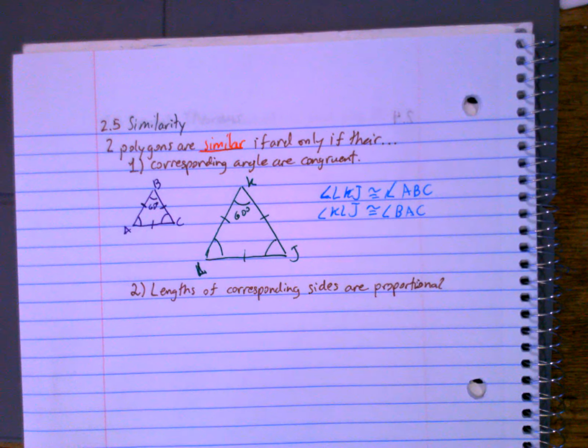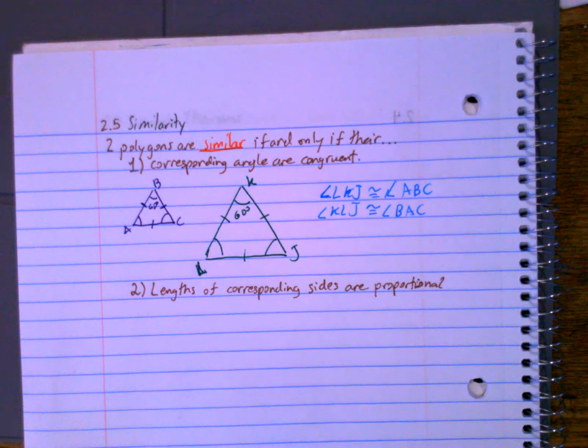So when I'm talking about proportions, let's say I have, I'm trying to find a good one. Hold on. So let's take a look at this one. So this triangle, I'm going to show you guys right here. There it is. Okay. So let's say I have another triangle.